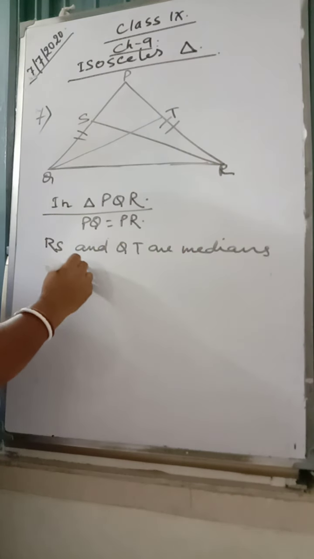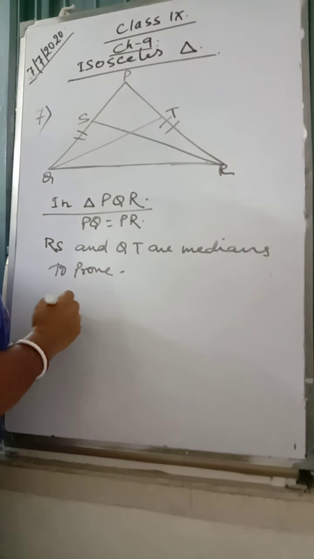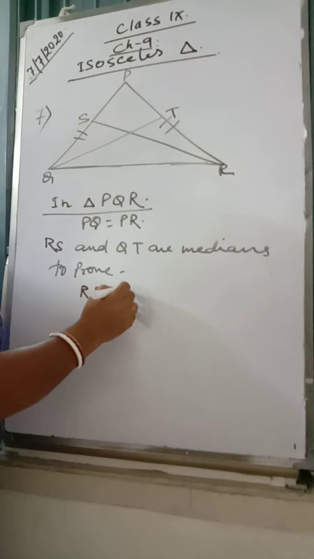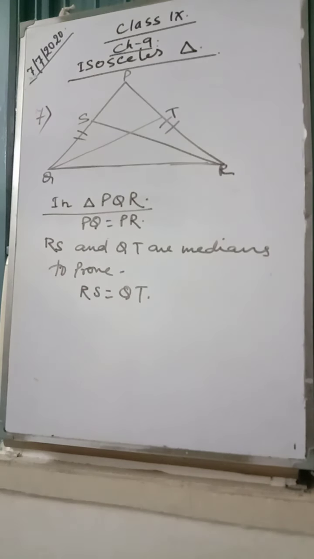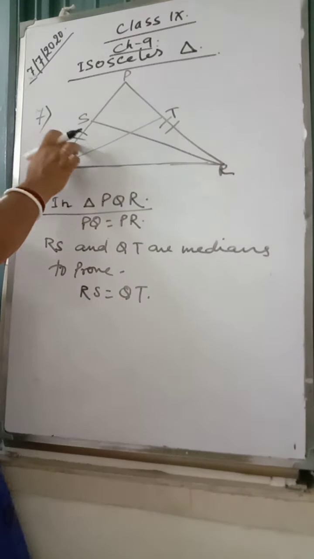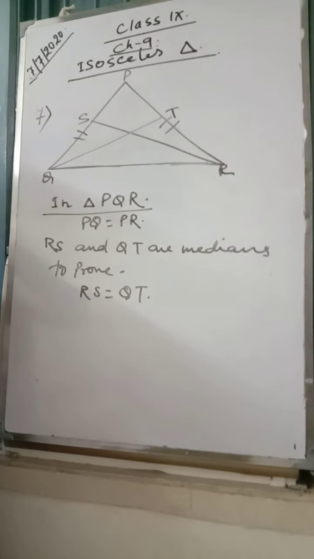To prove: RS is equal to QT. Clear? Now what do we know? A median divides the side into two halves, is it?